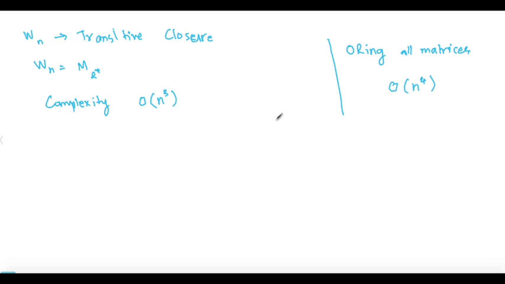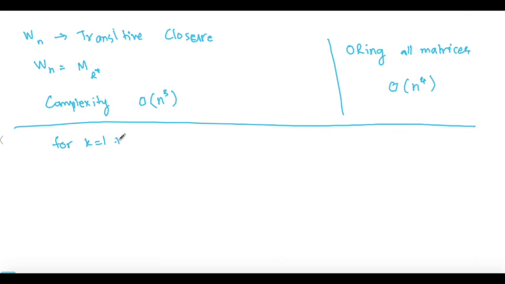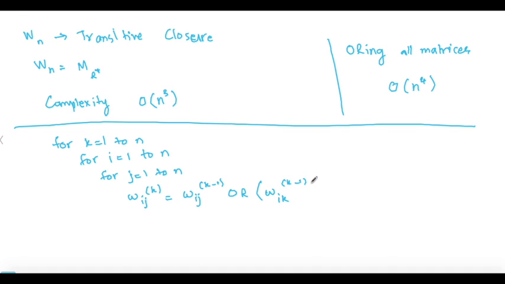If we want to write a pseudocode of that, we'll say for k equal to 1 to n, for i equal to 1 to n, for j equal to 1 to n, wij k is equal to wij k minus 1 or wik k minus 1 and wkj k minus 1.